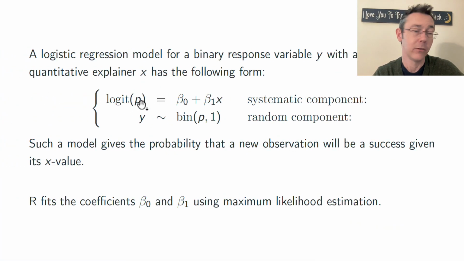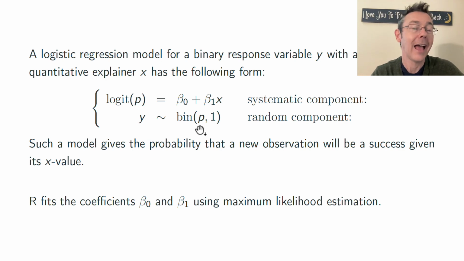Logit P, where P is the probability of being a success, a setosa, is a linear model, beta naught plus beta 1 x. Logit is the natural log of P over 1 minus P, or really any other log, it doesn't matter. And again, that gives you the best fit here. But then, of course, since the y values are all going to be true or false, 0 or 1, we don't expect them to actually be equal to P, which is always going to be strictly between 0 and 1.